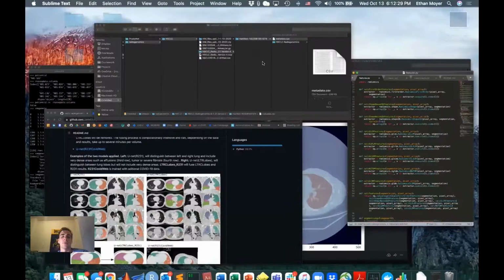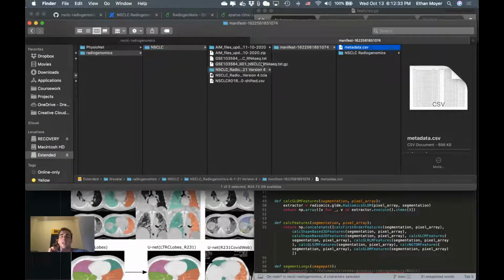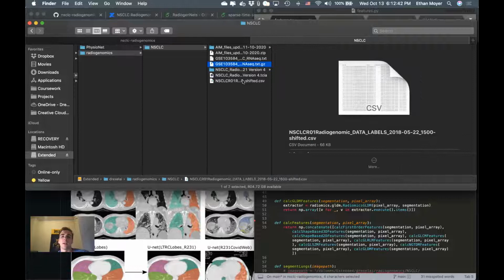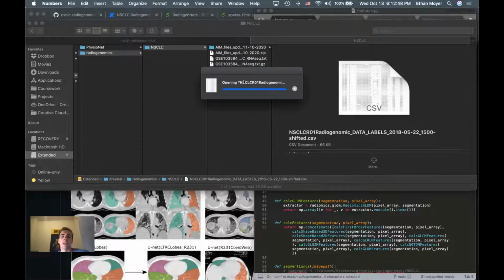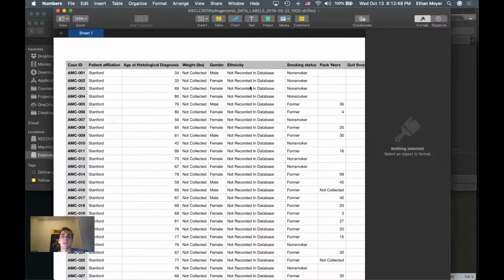So in addition to the metadata, the imaging data, and the genomics data, we also have, I think, the clinical data right here. And the clinical data has a column for whether the cancer reoccurred and at what time point.